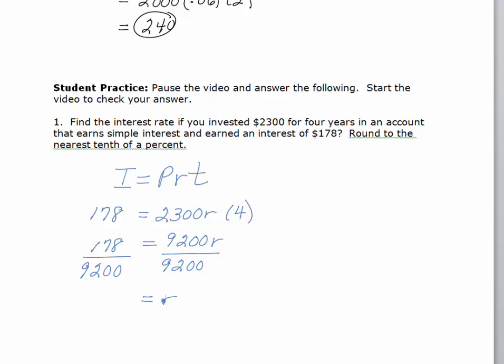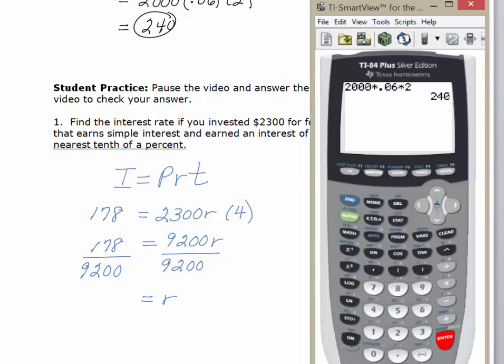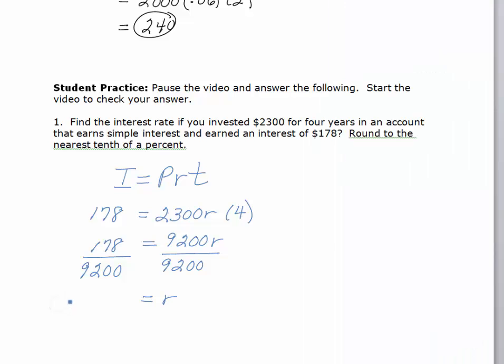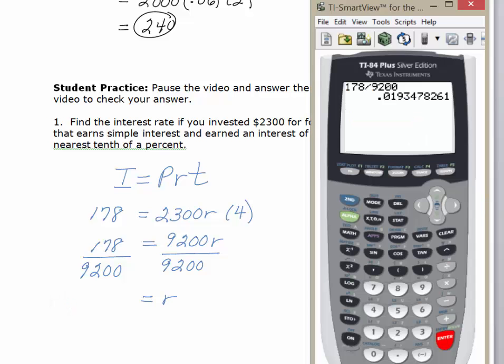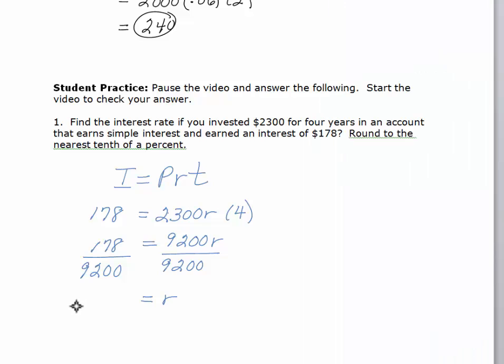So R is going to equal, we'll pull up our calculator, and we'll take the 178 divided by the 9,200. Right. And so we get 0.01934.